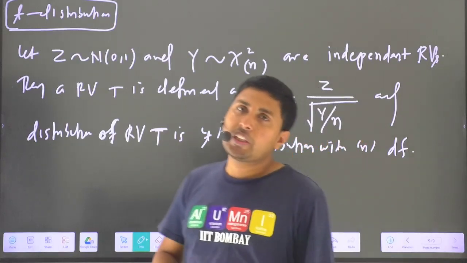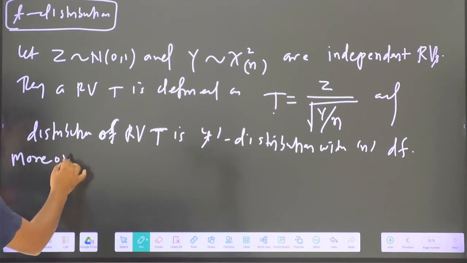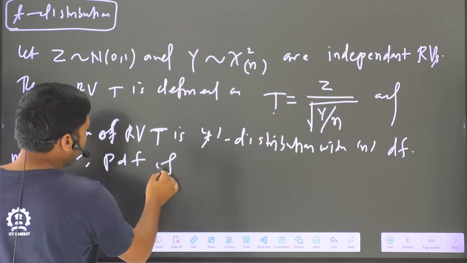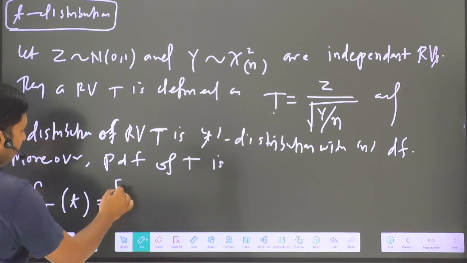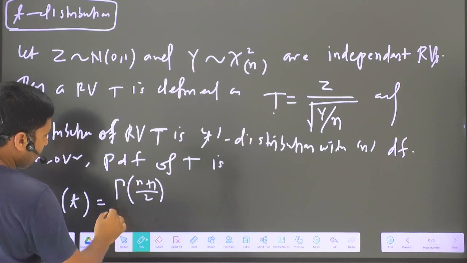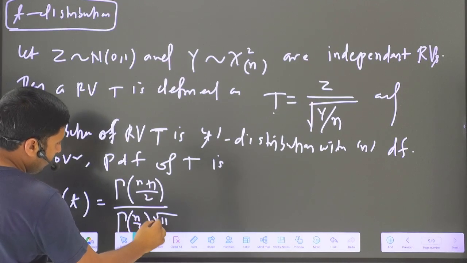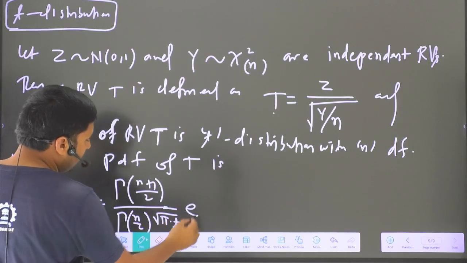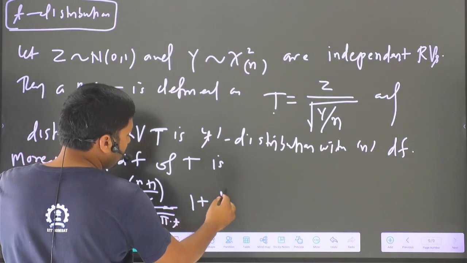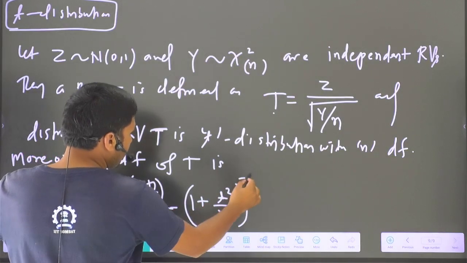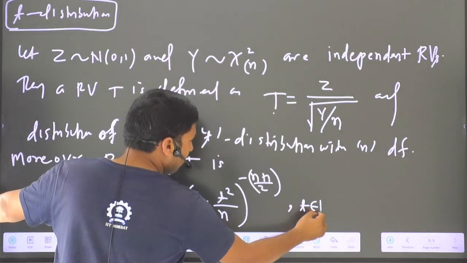What will be the PDF of T then? If you find the PDF of T, that will be gamma of (n plus 1) by 2 over gamma of n by 2 times gamma of 1 by 2, which is root pi, times root n, into (1 plus t square by n) raised to the power minus (n plus 1) by 2, and t is a real number.